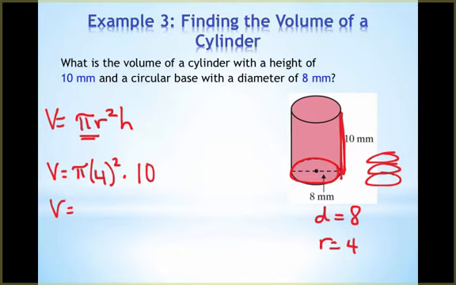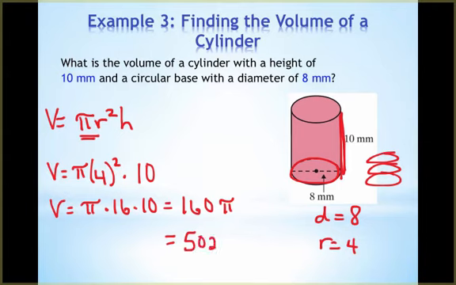So that's going to give me pi times 16 times 10, which is 160 pi. So if we wanted our answer to be exact, we could leave it like that. Or our approximate answer will be 502.4. And again, we're doing volume, so that's cubic units, so it's cubic millimeters.